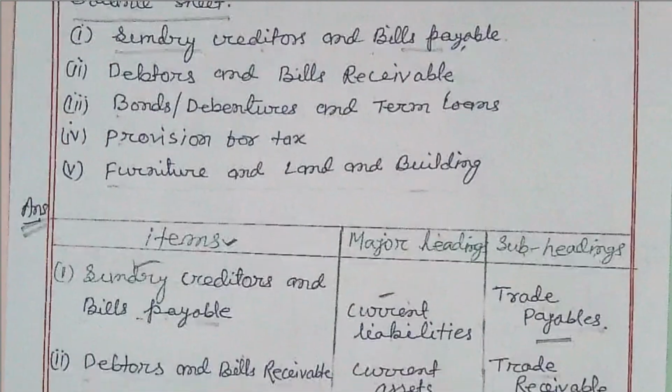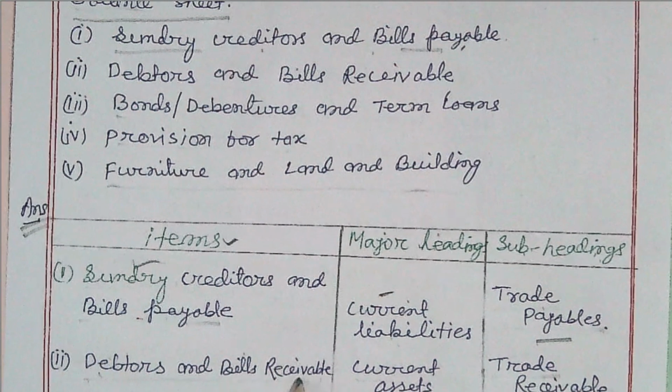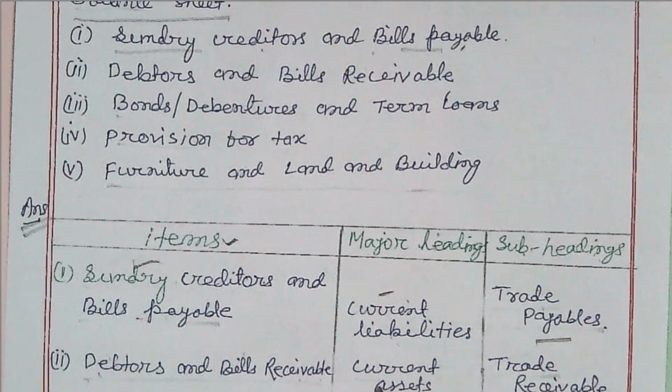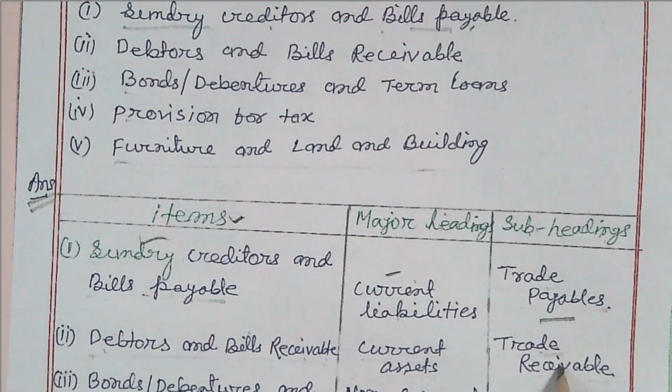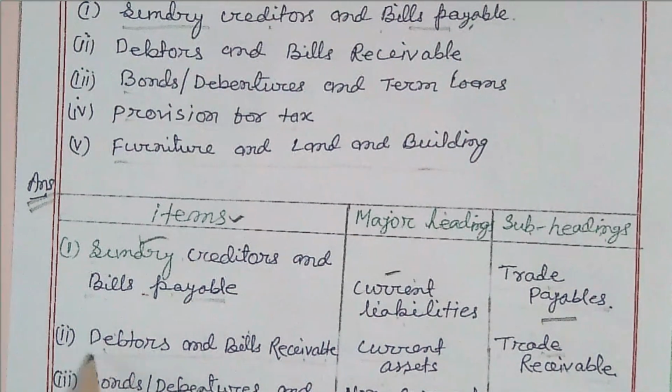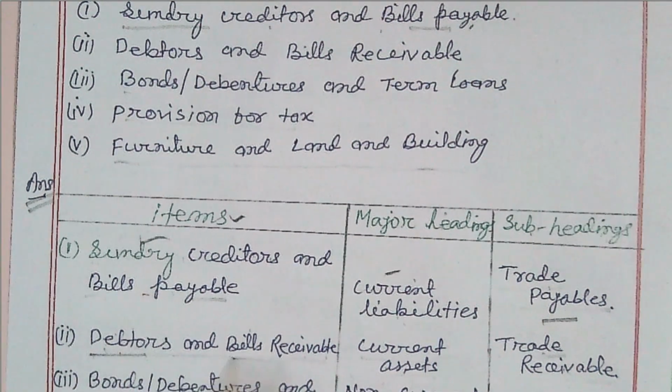Similarly, debtors and bills receivable are under the major head current assets, and come under trade receivables. So if asked to give 2 examples of trade receivables, you write down these 2 answers, debtors and bills receivable.